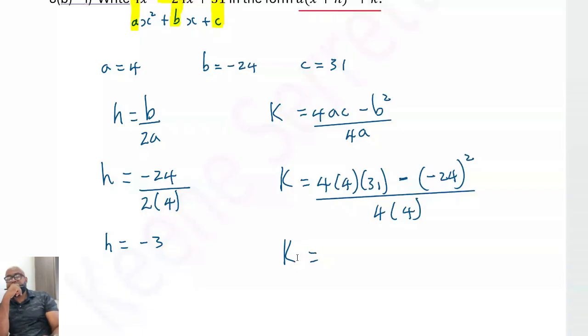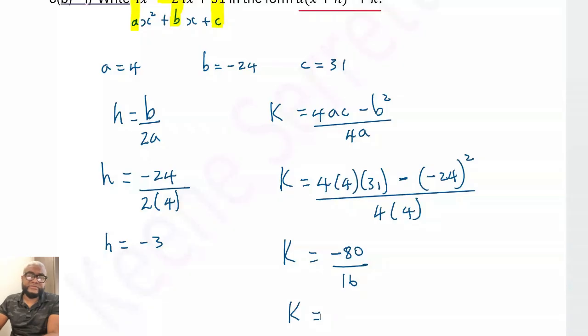Negative 80. The face-to-face students work out the numerator to be negative 80, divided by 4 fours are 16. So negative 80 divided by 16 will be what? Negative 5. Everybody good there?